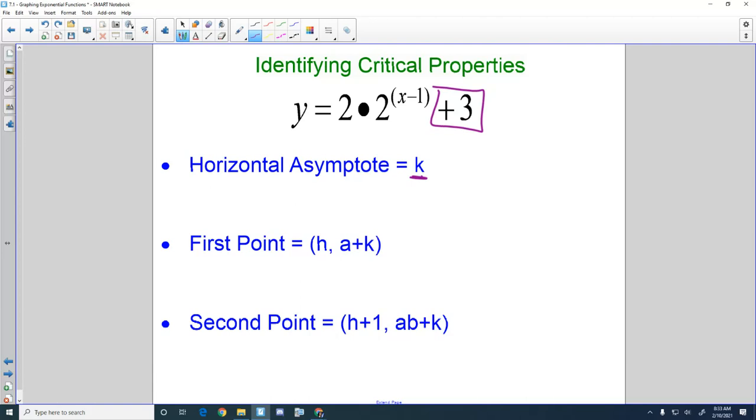If it's a positive 3, that means it's going to be shifted up 3. So the horizontal asymptote is at y equals positive 3. So I'd go up 3 units, 1, 2, 3, and draw a dashed line through 3 on the y-axis. And that's going to be my horizontal asymptote, my starting line when I draw the actual curve.